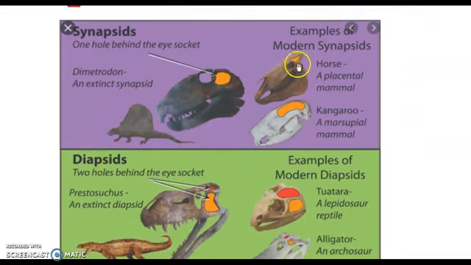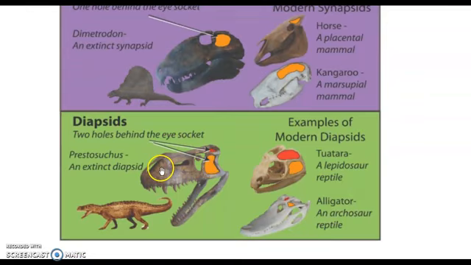Synapsids, like modern mammals, have just one hole behind their eye socket. Dimetrodon, which I talked about in the thumbnail, was a synapsid. It was a mammal; although it looked like a dinosaur, it was actually a mammal. And diapsids have two holes behind their eye sockets. So dinosaurs, crocodiles and birds have two holes behind their eyes.